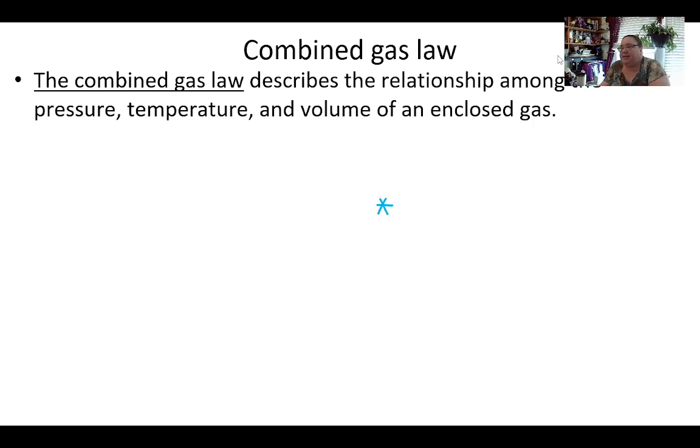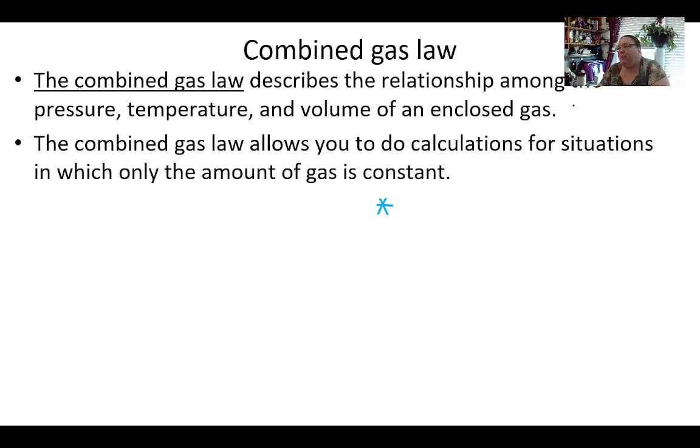An enclosed gas is implying that the number of moles is constant. So, the amount of gas is constant. Remember, n stands for number of moles. So, it allows us to see the relationship between pressure, temperature, and volume of any gas. It allows us to do calculations where only the amount of gas is constant.